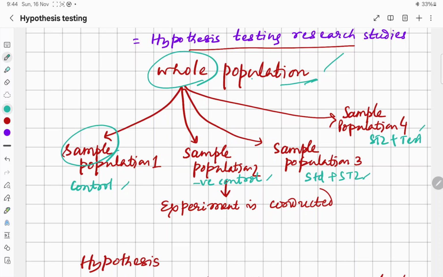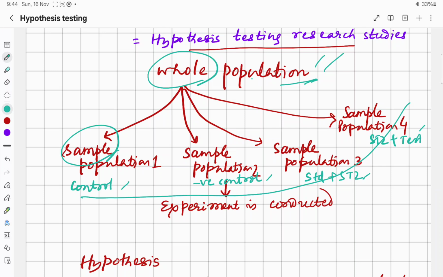In other words, the means of all the sample populations are same. This can be one assumption. That means all the sample populations are representing the whole population. This is called null hypothesis, this type of assumption.